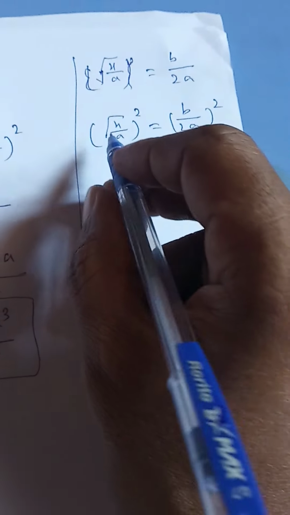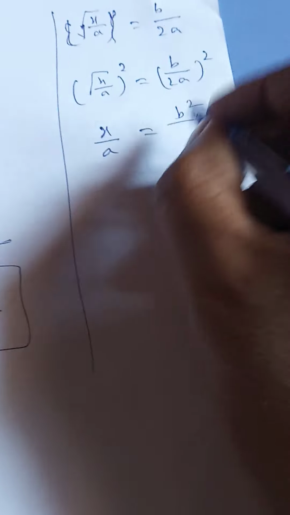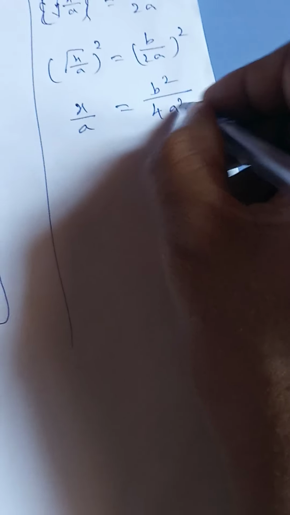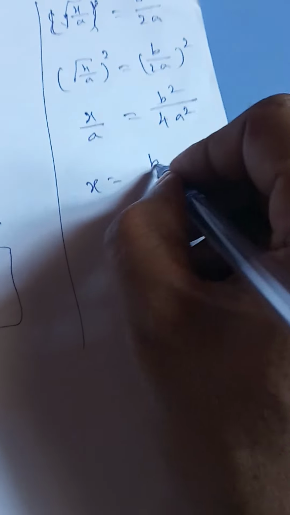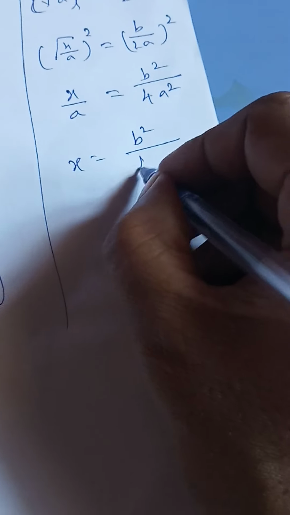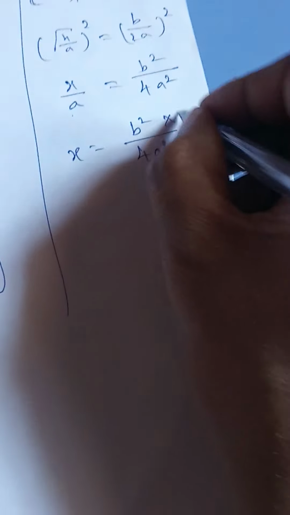Square both sides: root of x by a whole square equal to b by 2a whole square. Square and root cancel, x by a is equal to b square divided by 4a square. Then the a on the right side is multiplied, one a cancels, then x is equal to b square divided by 4a.